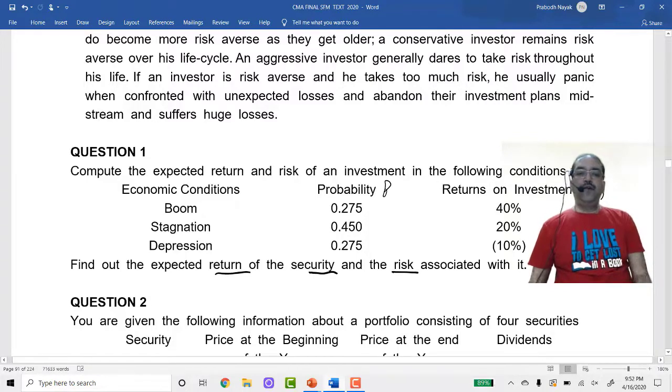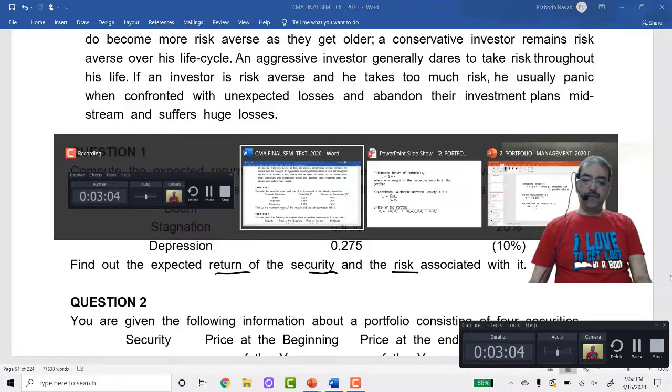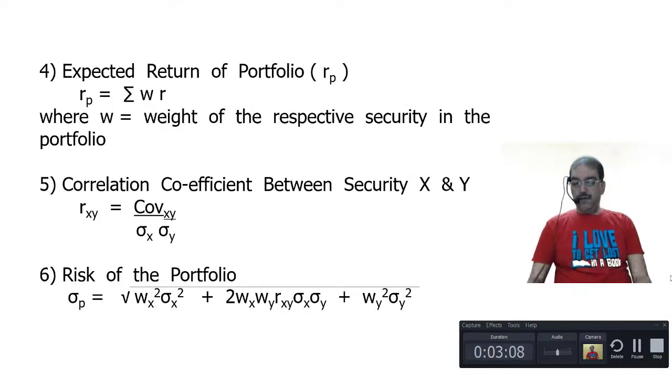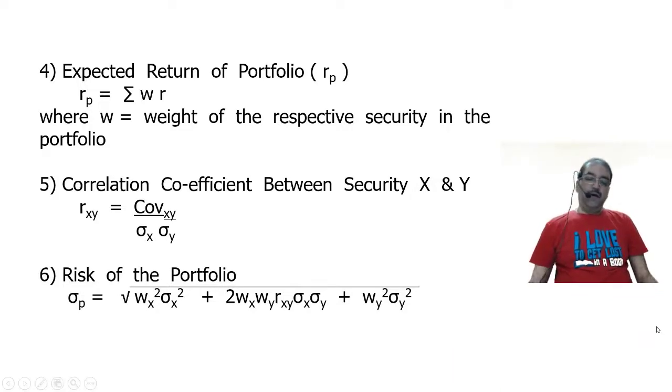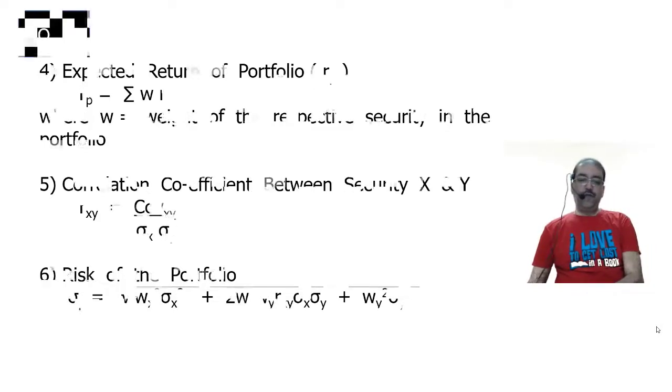Okay, so let us see how to solve. We have to prepare a table showing the condition, the X values, the P values, the product of the two, and then we calculate a column, P into (X minus R) the whole square, which is the formula for the standard deviation. Expected return of portfolio, correlation, and risk of the portfolio we have done.